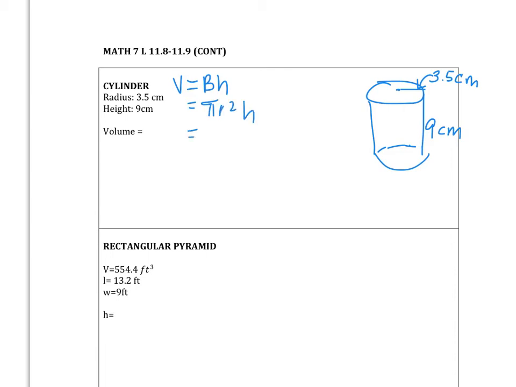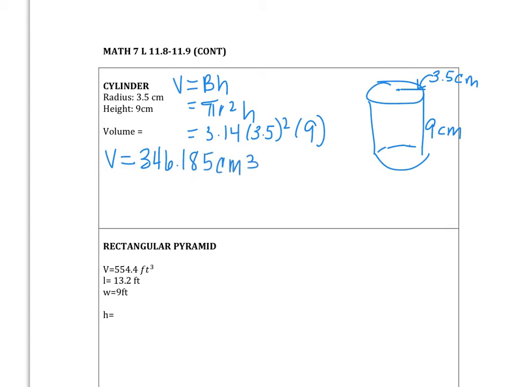And that is going to be 3.14 times our radius 3.5 squared, times our height, 9. So we work all that out, and volume is going to be 346.185 centimeters cubed.